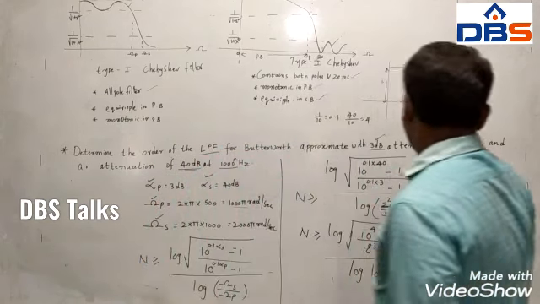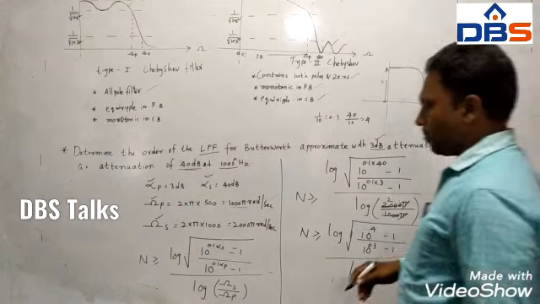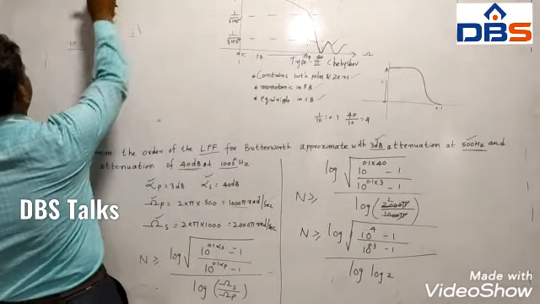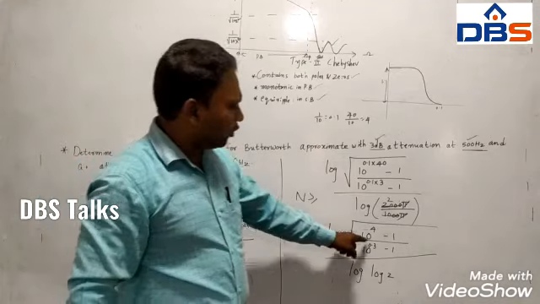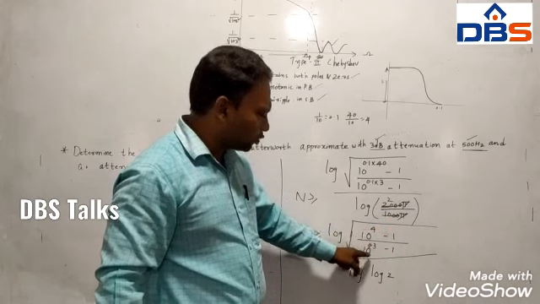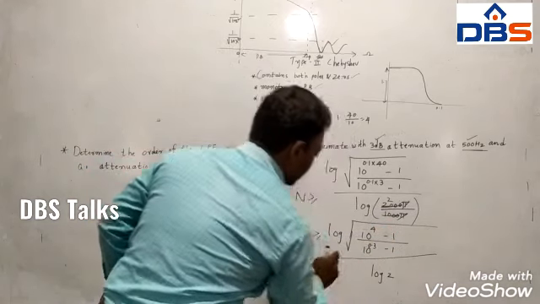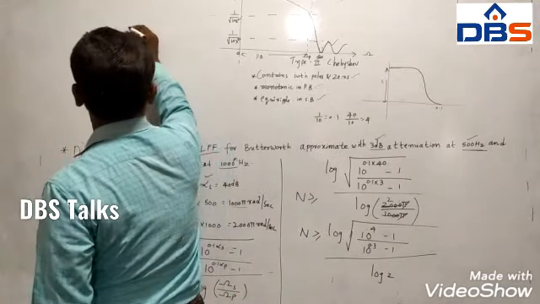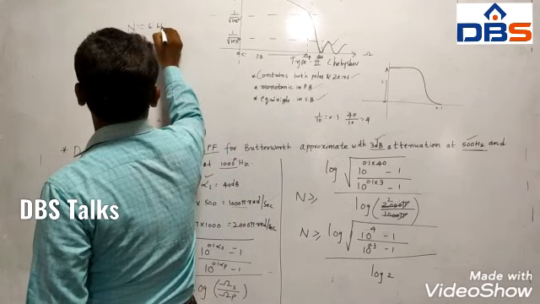Further, 10 power 4 is 10000, minus 1 is 9999. To get this simplification you definitely need a calculator. There is only one log, and you get like this. If you do this simplification, n is approximately 6.6 some value.